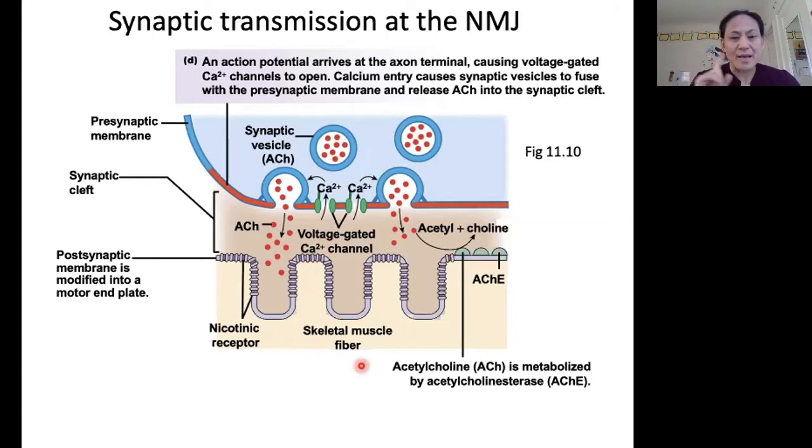Another thing I'd like to say about this process is that the control of muscle contraction is tonic. There's only one output signal, which is the motor neuron. It's going to tell the muscle to contract, or it's not going to tell the muscle to contract.